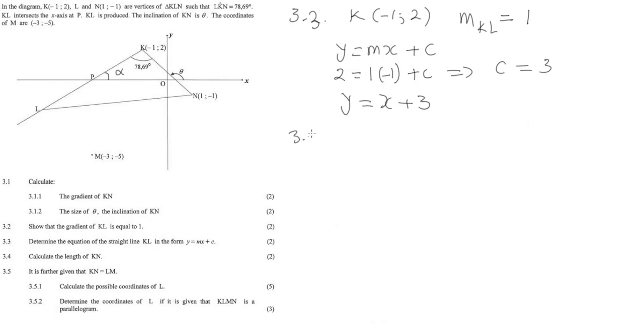Now 3.4 says the distance KN. For the distance KN, you use the formula square root of x2 minus x1 all squared plus y2 minus y1 all squared.